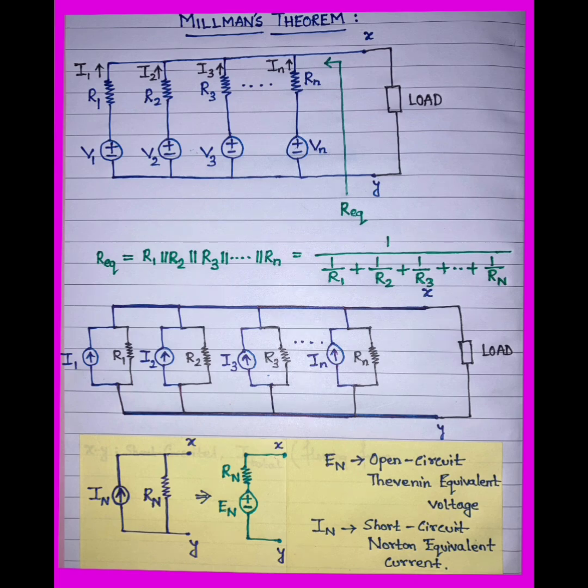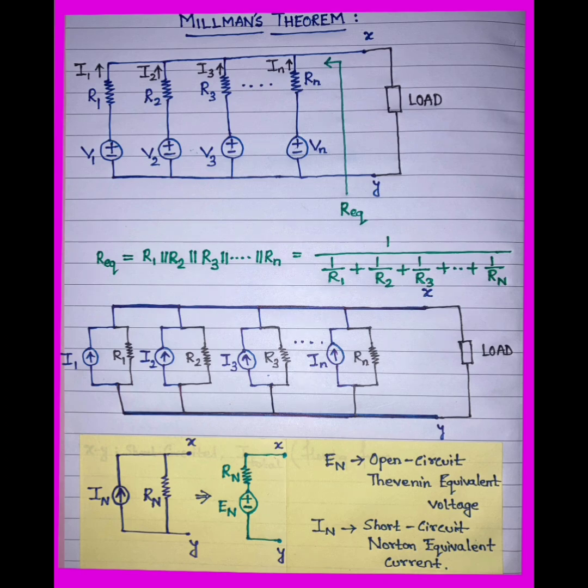If we look from the node XY and deactivate the voltage sources, then our Thevenin or Norton equivalent resistance R equivalent is R1 parallel R2 parallel R3 up to parallel Rn. When things are in parallel, we take the reciprocal of the sum of the conductances: 1 by R1, 1 by R2, 1 by R3 to 1 by Rn.